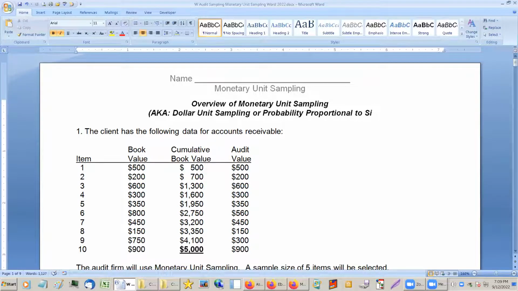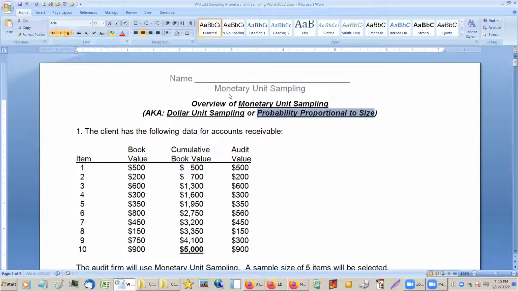All right, so I got that one up. Yeah, so you see this called a couple different things. Dollar unit sampling, and that's kind of the same thing as monetary unit sampling. Monetary unit means if you're using a different kind of money, you can also do it. And probably proportional to size.